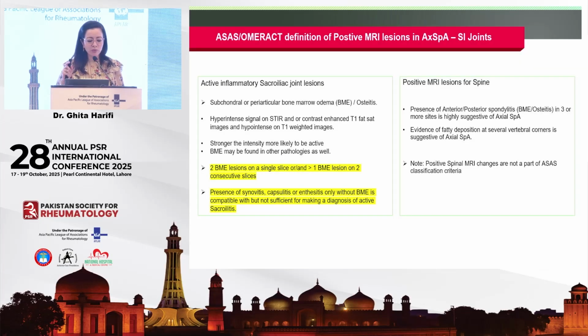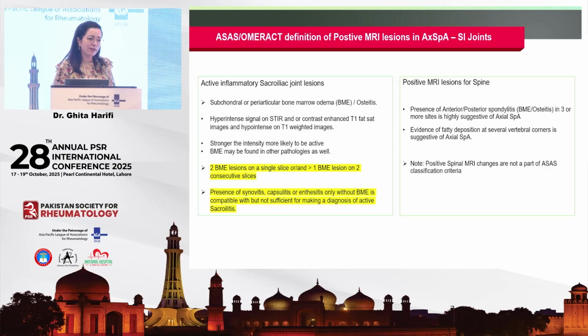Let me remind you that for the ASAS criteria and OMERACT criteria, the definition of sacroiliitis is that you have at least two bone marrow edema lesions on a single slice, or one bone marrow edema lesion on two consecutive slices. Things like synovitis, enthesitis, and capsulitis are compatible with the diagnosis, but they're not considered sufficient to conclude sacroiliitis.